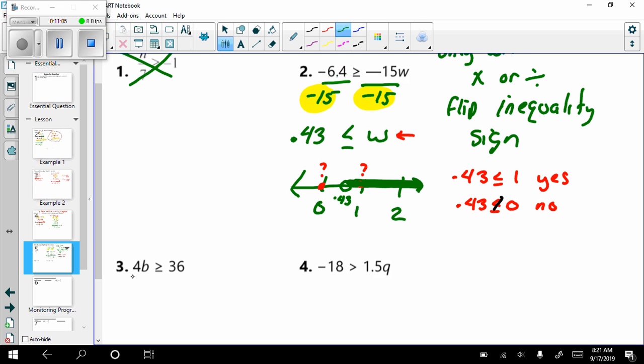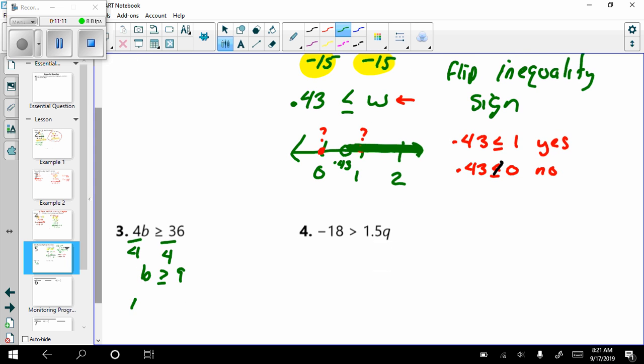Okay, for this next one, you had to divide by 4, so b is greater than or equal to 9. Okay, and here is your solution set. There's a 9, closed circle, and to the right. Here we have to divide by a 1.5. I want you to note, and this is what throws people off, I am dividing by a positive number.